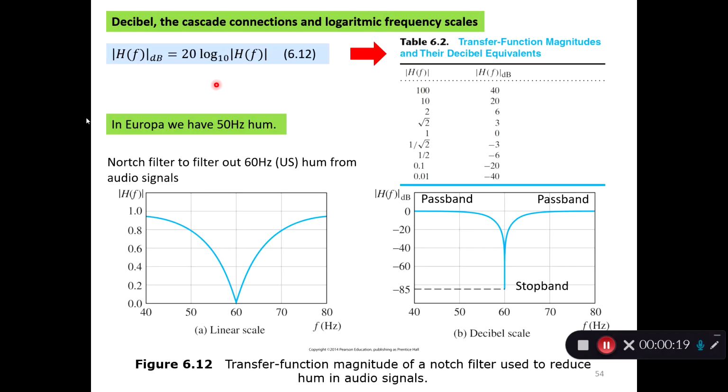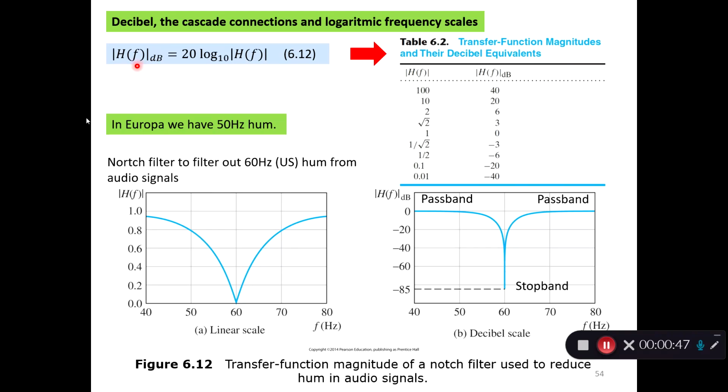When we have the magnitude of a transfer function and we would like to turn it into a decibel scale, we take the magnitude at a specific frequency and take the logarithm of it. Here the base-10 logarithm must be used, and then multiplied by 20.